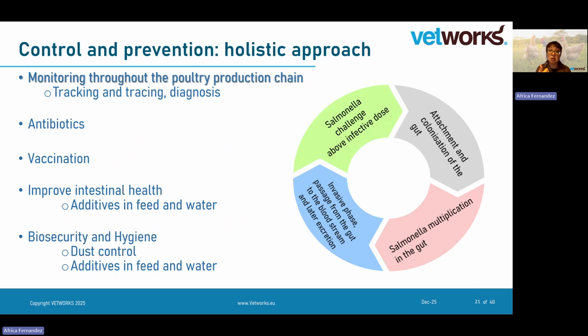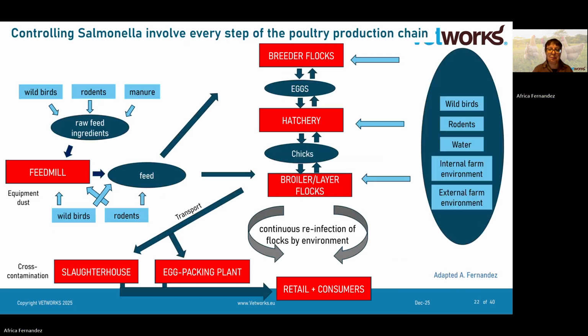Antibiotics, vaccination, improving intestinal health with additives in feed and water, biosecurity and hygiene. Biosecurity is a big topic, but I have highlighted dust control just to show something a little bit different, and additives in feed and water.